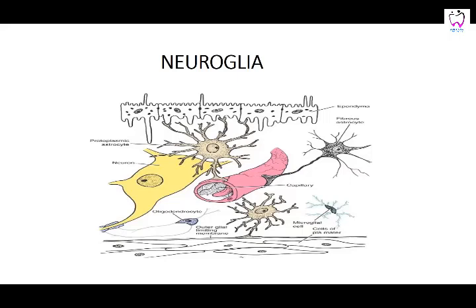And then you have these ependymal cells. These ependymal cells are basically the cells which line the cavities of the brain, that is the ventricles of the brain. So these are the four types. The protoplasmic and the fibrous astrocytes provide nutrition and the main supportive function of the nervous tissue.